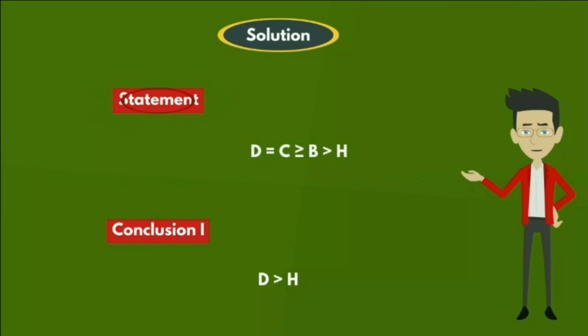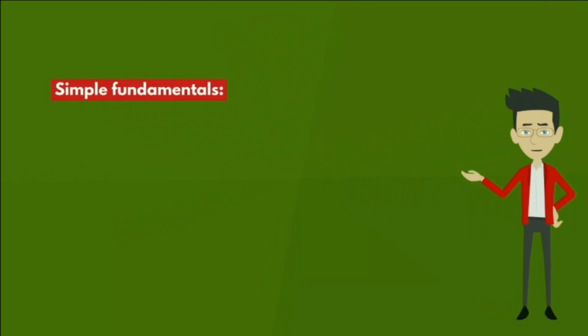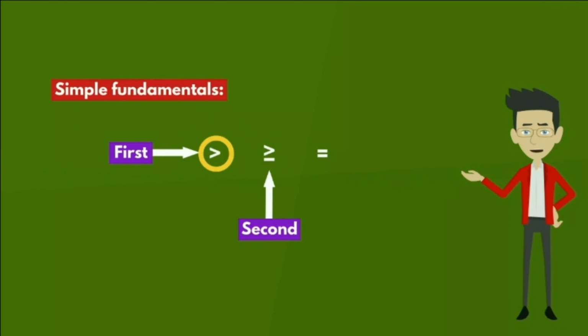Here we can observe that from D to H, we have these equal to, greater than or equal to combinations. If the combination is of greater than, greater than or equal to, and equal to symbols, we will give first priority to the greater than symbol, second priority to the greater than or equal to symbol, and third priority to the equal to symbol.